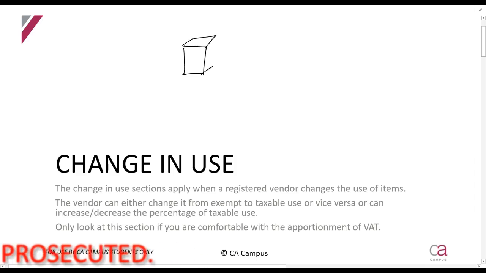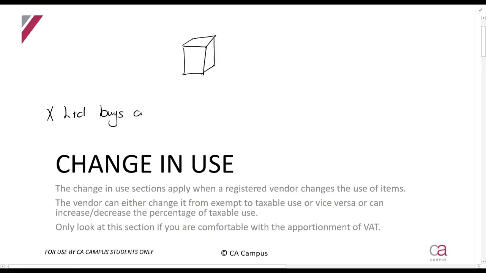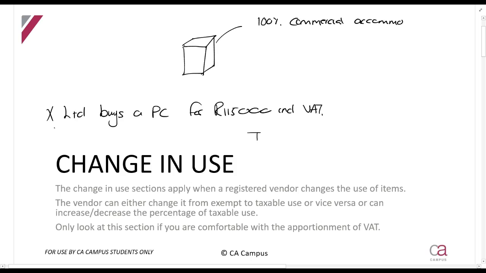Here's my building. X Limited buys a PC for 115,000 rands including VAT, so some supercomputer. Now if I use this building 100% for commercial accommodation, then I can claim input tax of 115,000 times 15 over 115 times 100%.